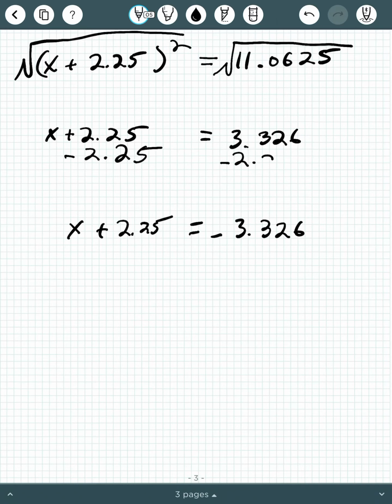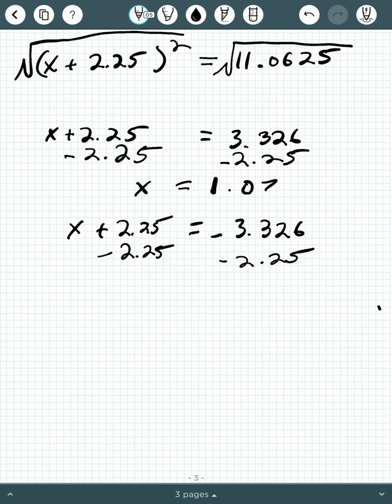If we subtract 2.25 in each of these equations, our first one will end up with x being equal to, let's just see real quick here, 1.076, and then here we're going to get negative 5.576.